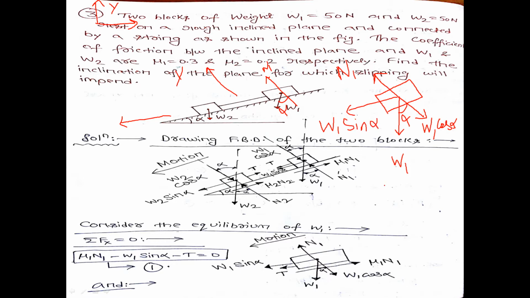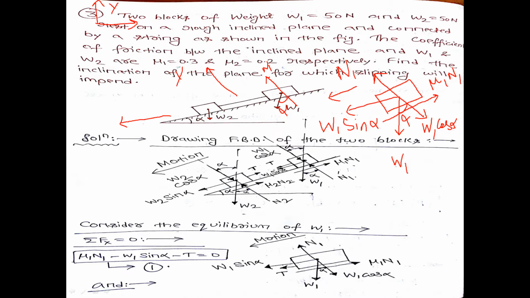Since the motion of the first block is in this direction, the frictional force between the contacting surfaces will act in the opposite direction to the motion of the block. That is, frictional force will be mu1 N1, where mu1 is the coefficient of friction between the first block and the inclined surface.